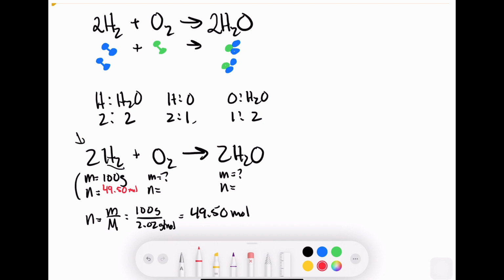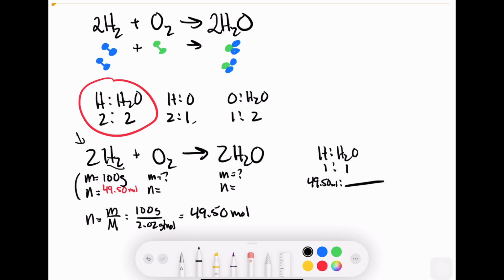And so the next question then is, how do I use that to figure out how much water I'm going to make? Well, I go back to my ratios here. If I know that this is a 1-to-1 ratio, then if I have not 1, but 49.5 moles of this, well, what is this number that's going to go on the other side? 1 is to 1, as 49.50 is to 49.50 moles.